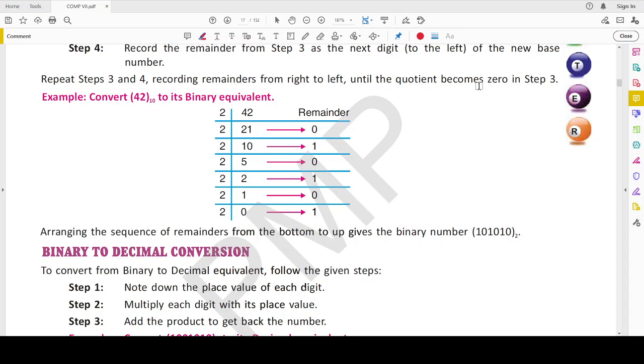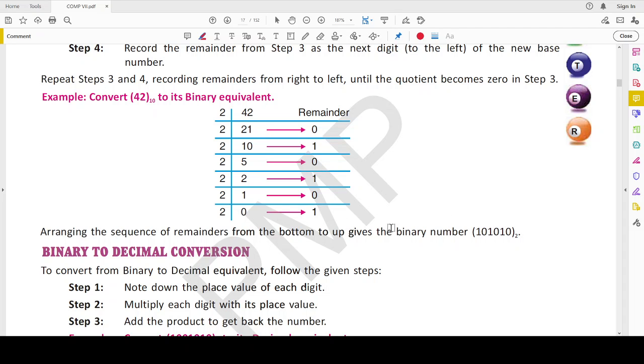So right to left means you have to record the remainder right to left. Either you write it like this one, 0. First you write this 0 to the rightmost, then you write 1 over here, then you write 0, then you write 1, then 0, 1.